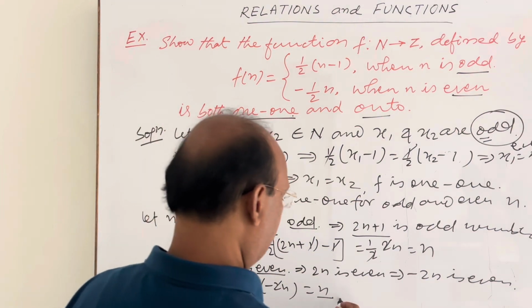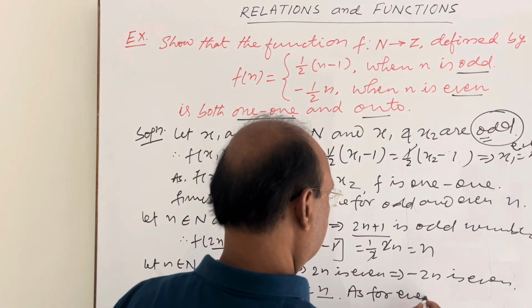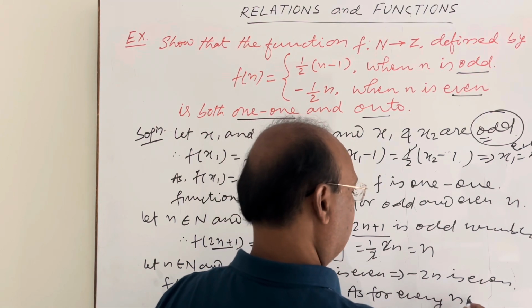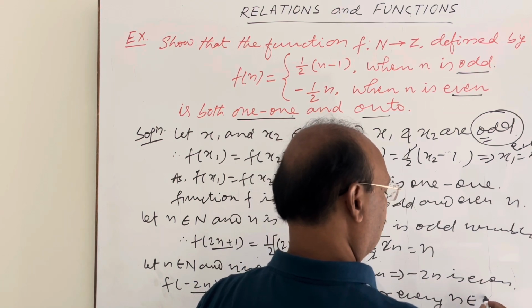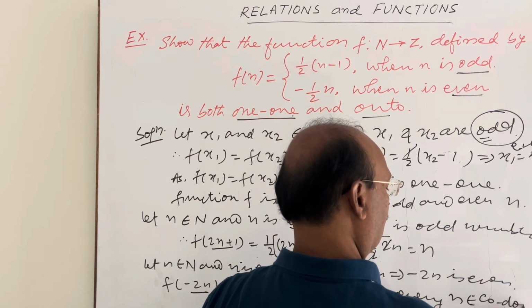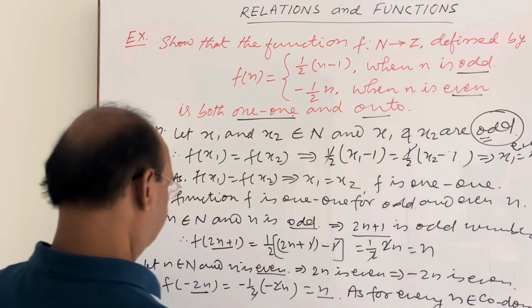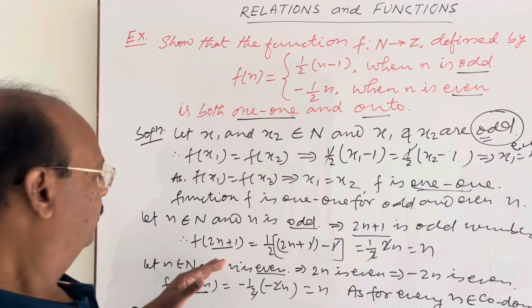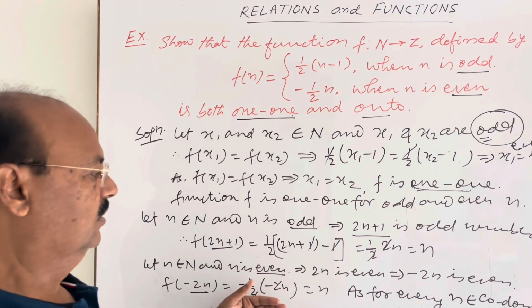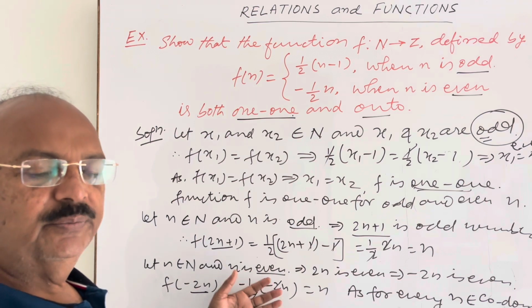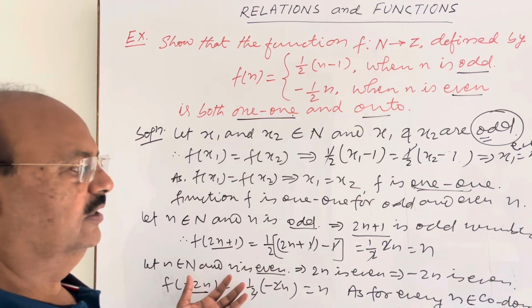So we can write that for every n belonging to the codomain, for every odd or even natural number, we are getting pre-images in the domain.